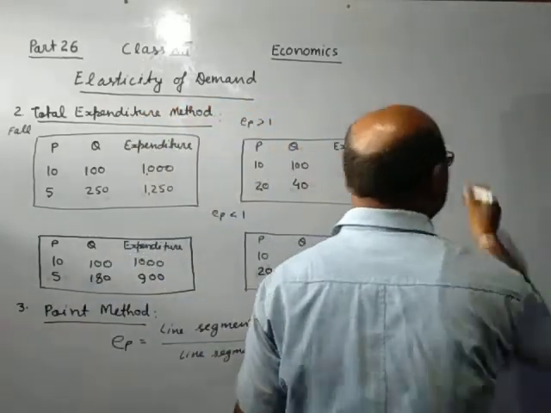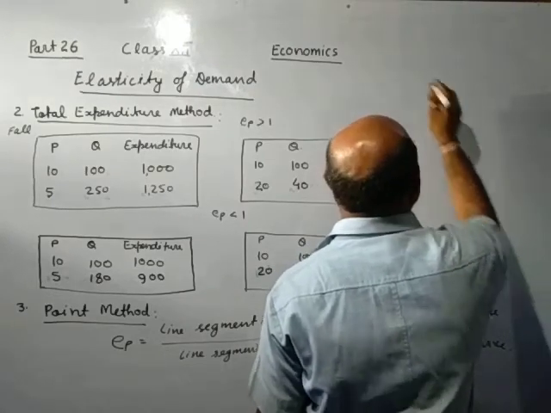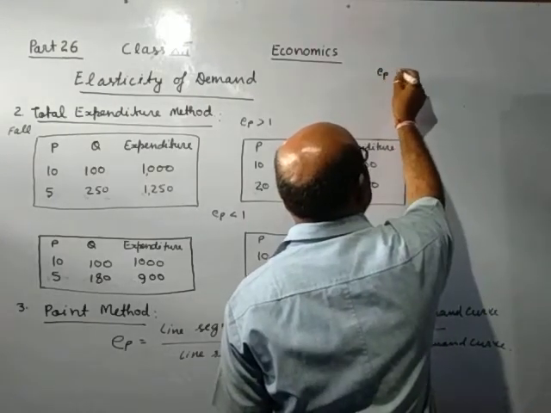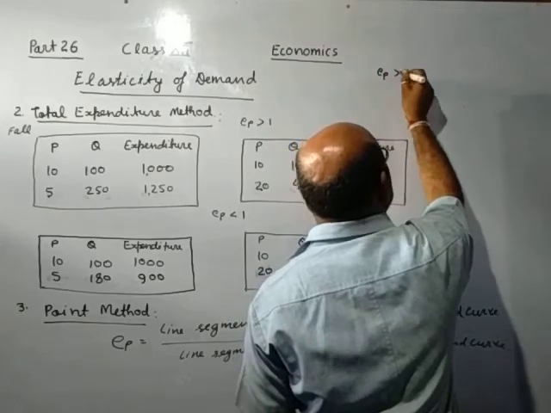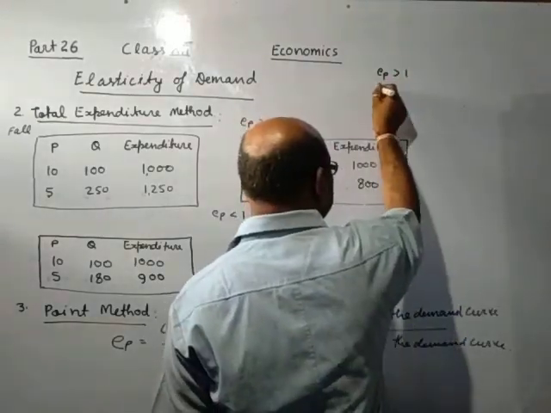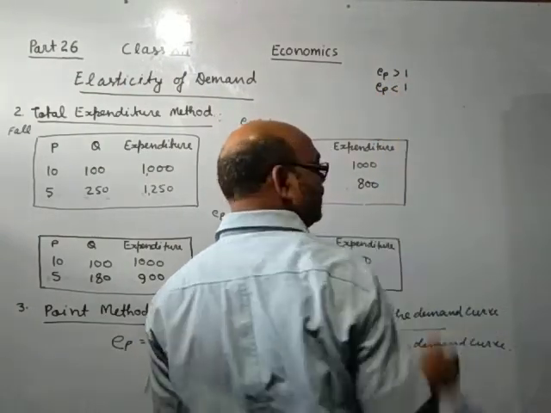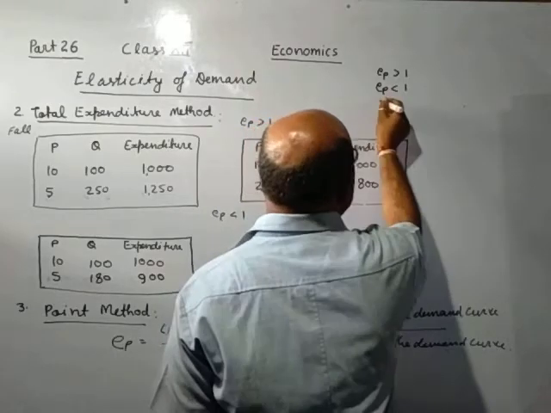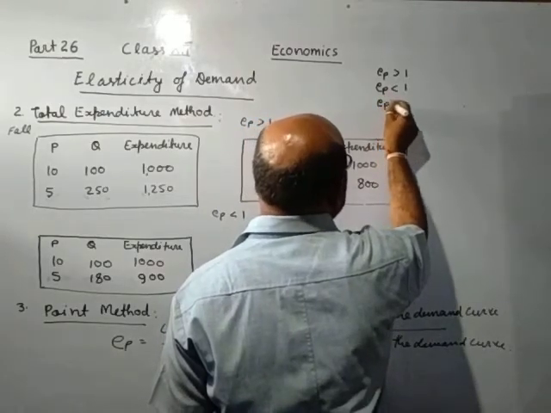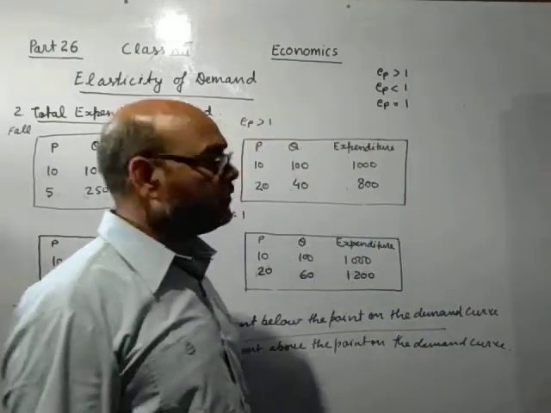Now, elastic demand: elasticity of price that is greater than 1. This is the elastic demand. Elasticity of price less than 1 is inelastic demand, and elasticity of price equal to 1 is unitary elastic demand.